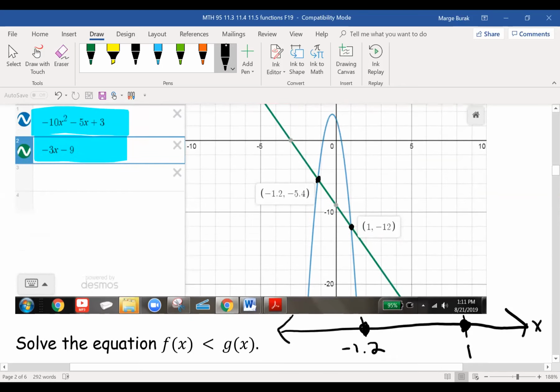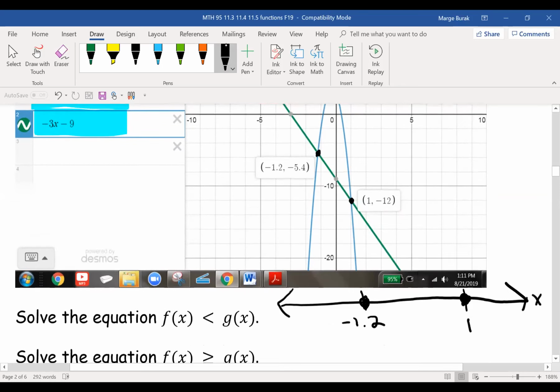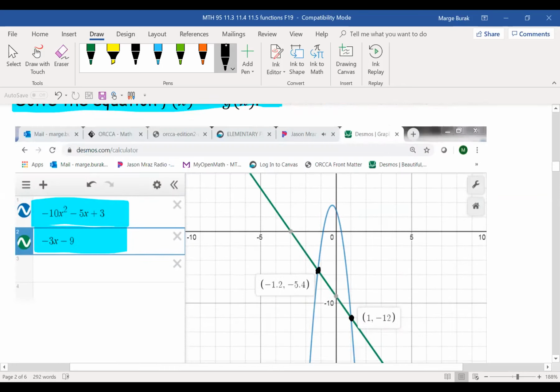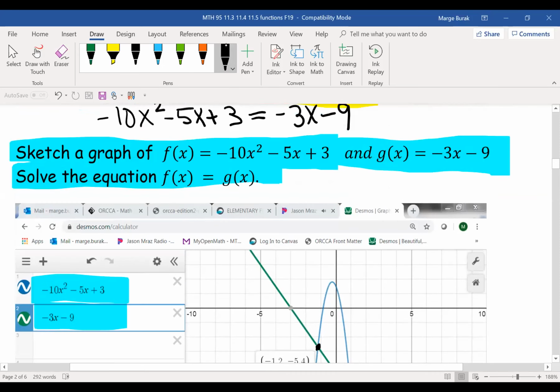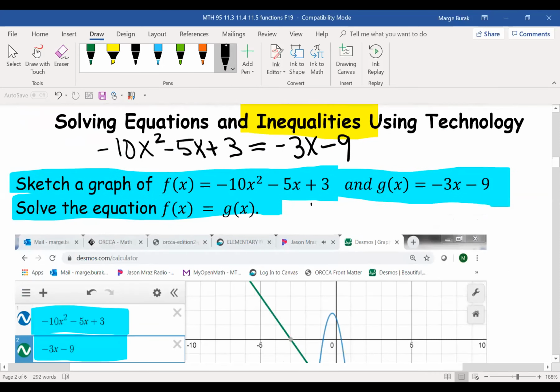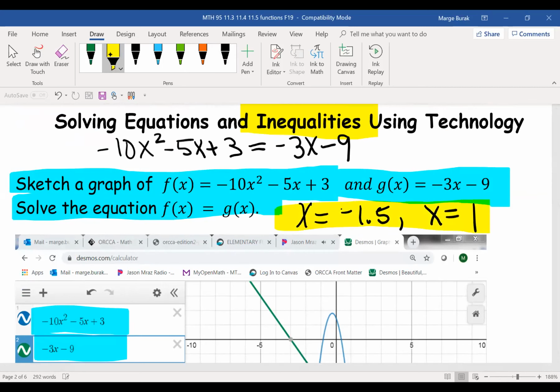Okay, they both are at negative 5.4 at negative 1.2, and they're both at negative 12 when x is 1. Okay, so that's where they're equal. So we would say, oh, well, x equals negative 1.2, x equals 1. All right, we got those. We got that solution right here.